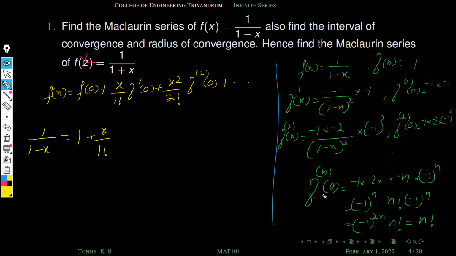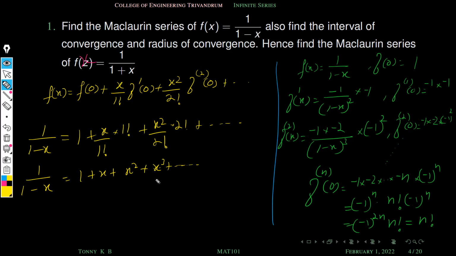When n equal to 1, this becomes 1 factorial. So 1 factorial plus x square by 2 factorial, f2 of 0 is 2 factorial, plus etc. So this is equal to 1 plus x plus x square plus x cube plus etc. So we can expand 1 by 1 minus x like this.